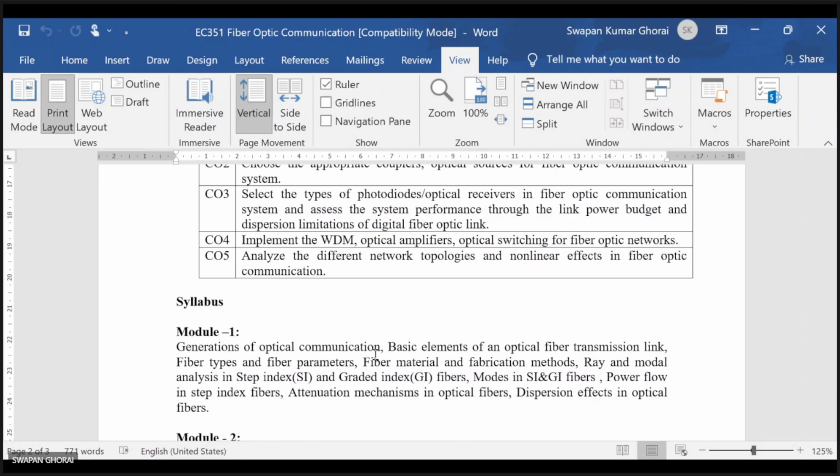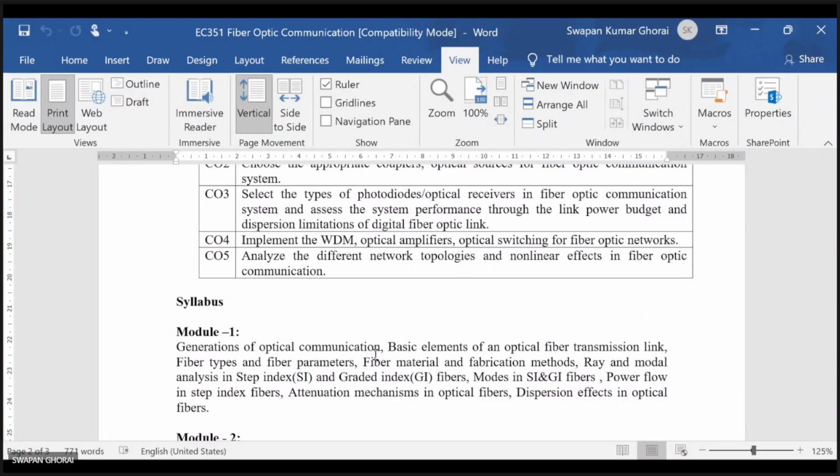In these generations, I'll show you how the developments occurred in fiber optic systems, starting from say 850 nanometers, next 1310 nanometers, next 1550, and next DWDM systems or the soliton systems. Right? Different generations of optical fiber communications are there.